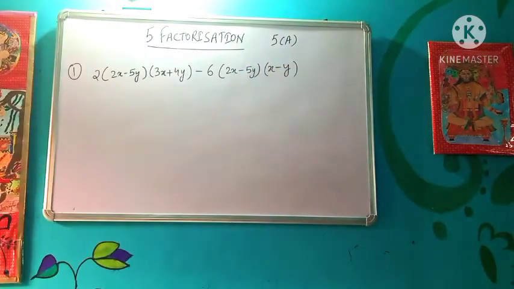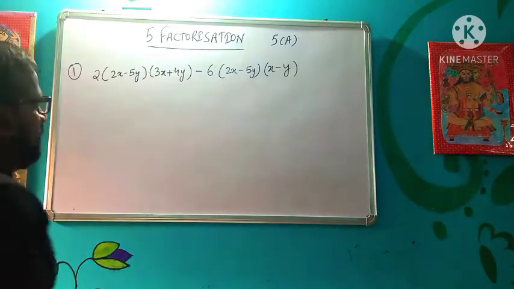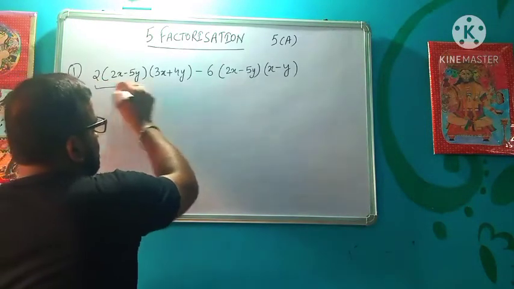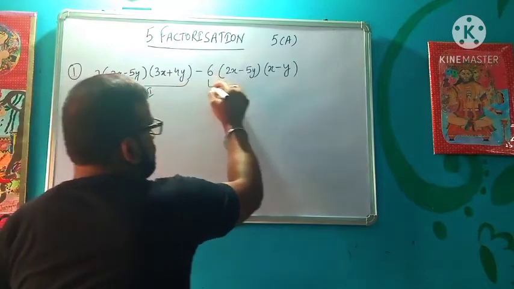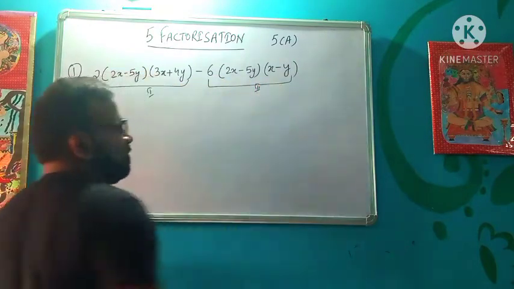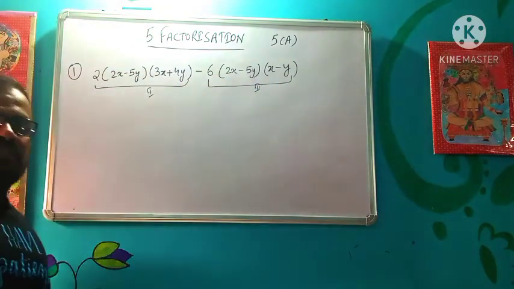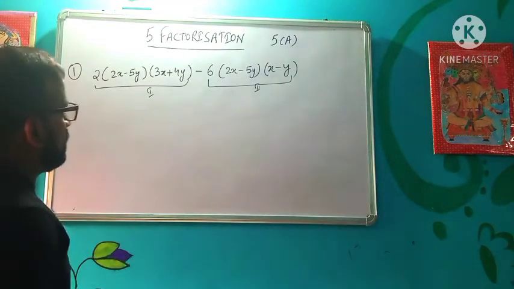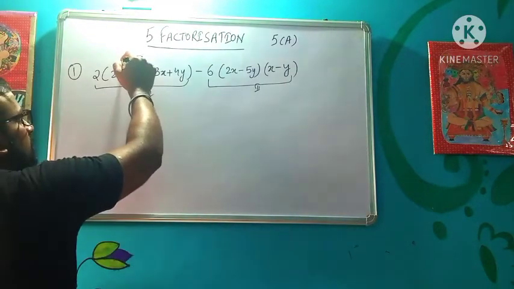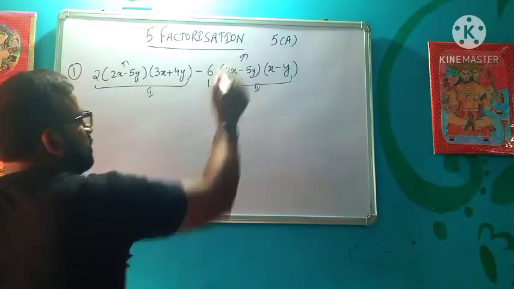If we see very carefully, there are two terms. This is the first term and this is the second term. The first method that we know is the common term method. This term, 2x - 5y, is present in both.